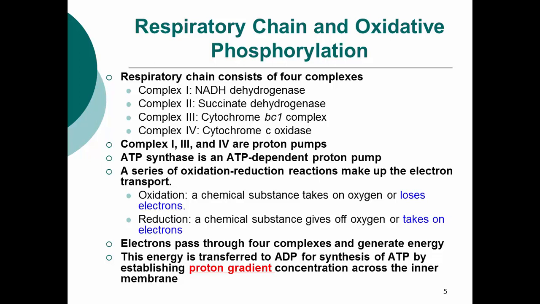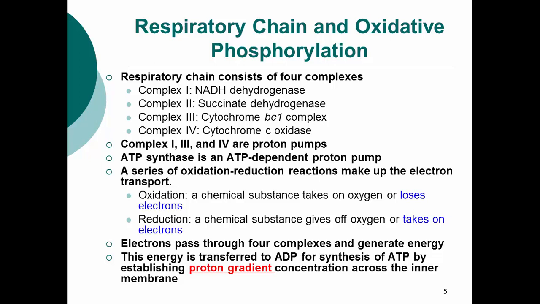And now let's talk about the respiratory chain or oxidative phosphorylation. Remember that glycolysis and the TCA cycle generate lots of NADH and FADH2, and these reducing equivalents contain energy, right?